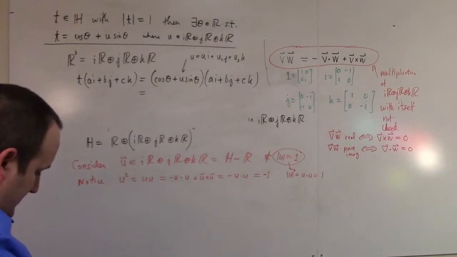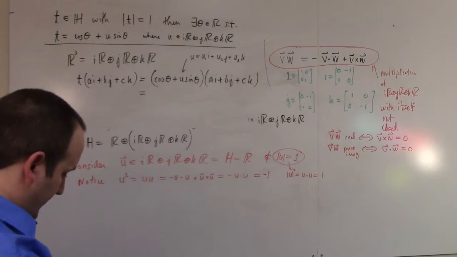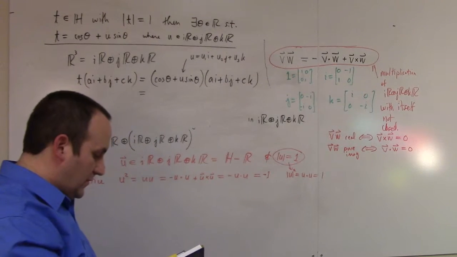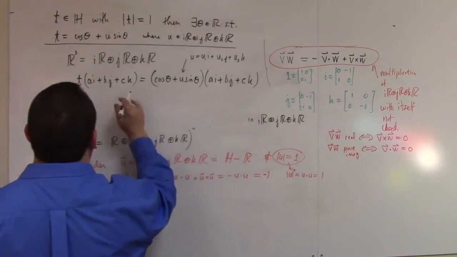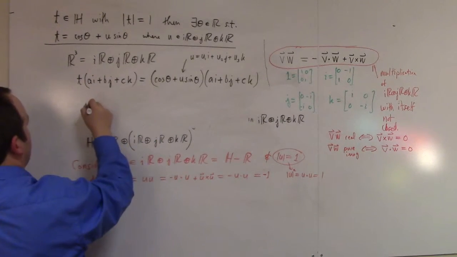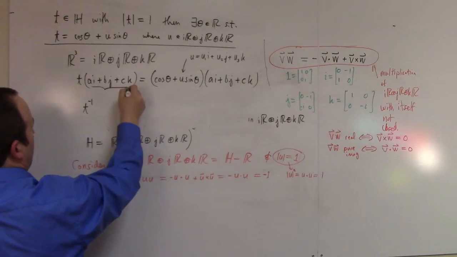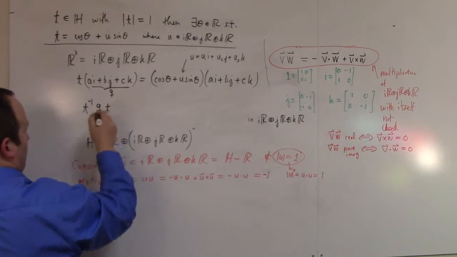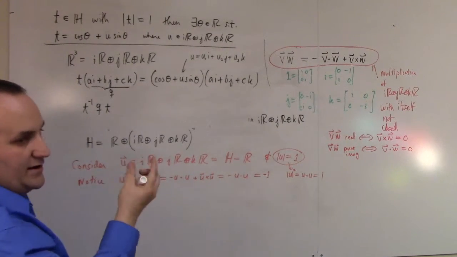That'd be useful. But what he points out here is that that doesn't do it. What you end up needing to look at is conjugation. So his claim is if we look at something like T inverse, and I need a name for this point, I'll follow him and call it Q. If you look at T inverse Q T, something about conjugating ends up killing off the real part.